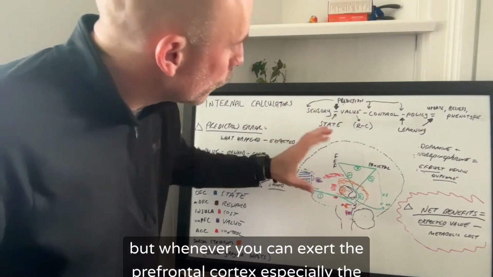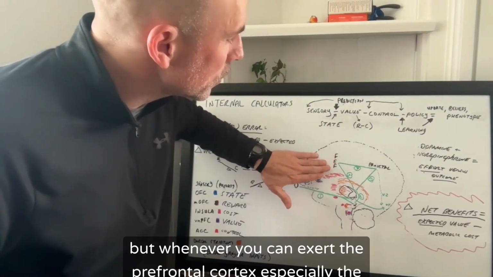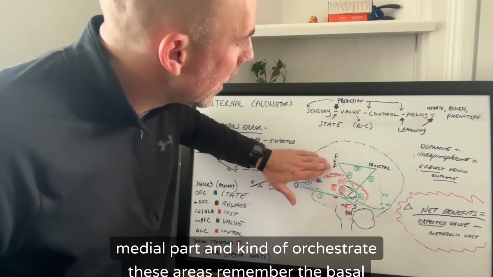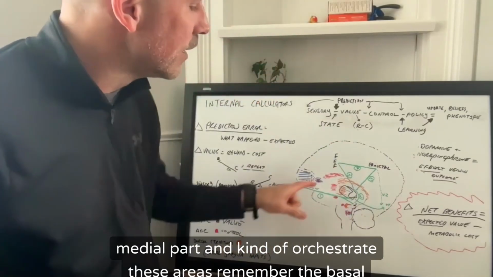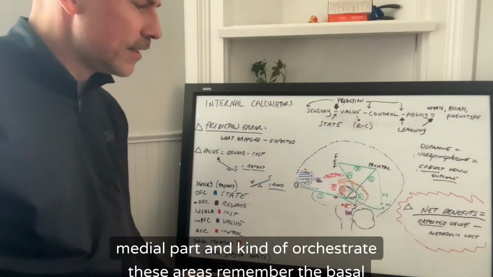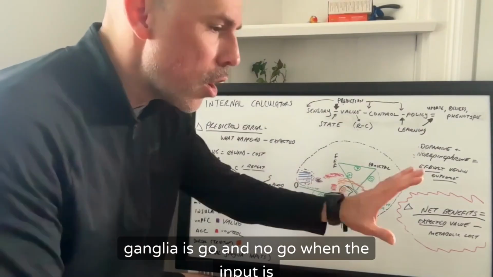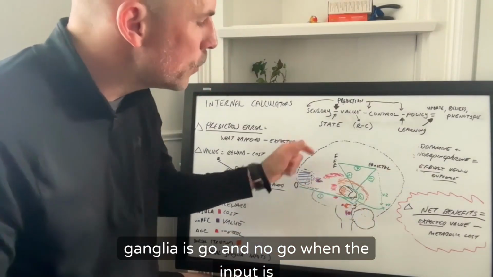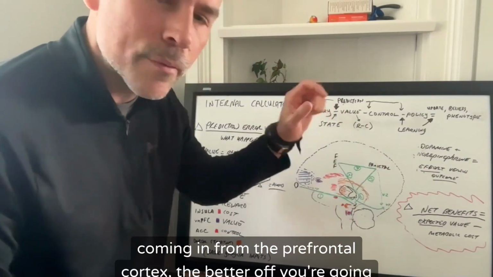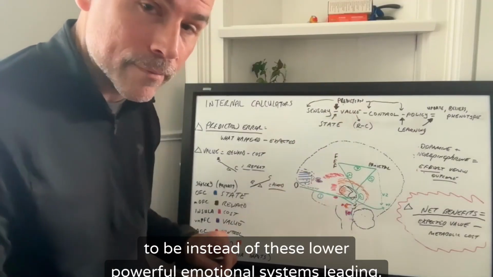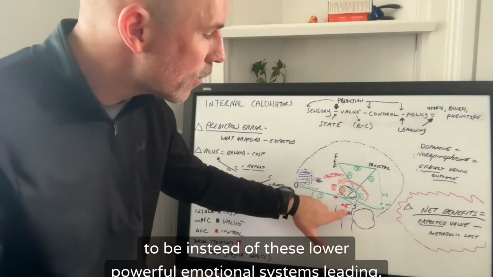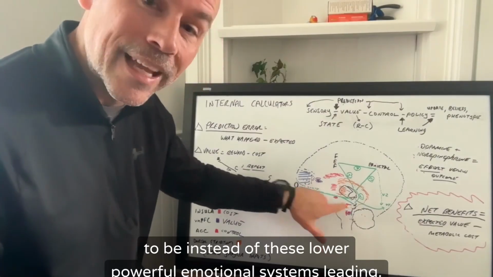But whenever you can exert the prefrontal cortex, especially the medial part, and orchestrate these areas, remember, the basal ganglia is go and no go. When the input is coming in from the prefrontal cortex, the better off you're going to be, instead of these lower, powerful emotional systems leading.